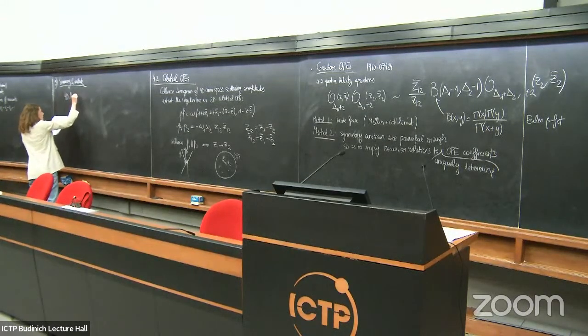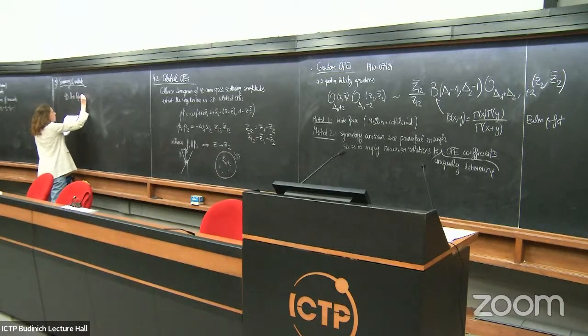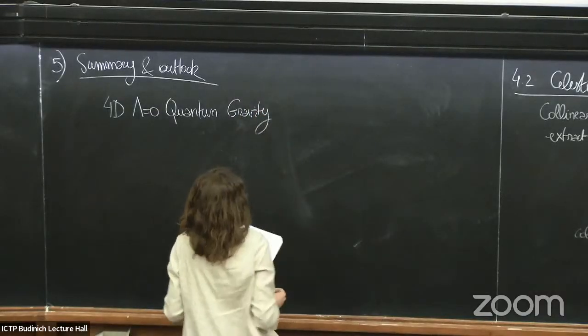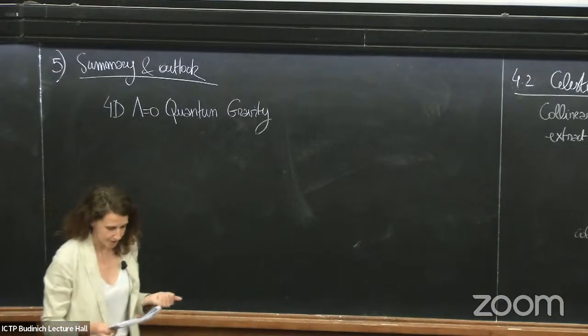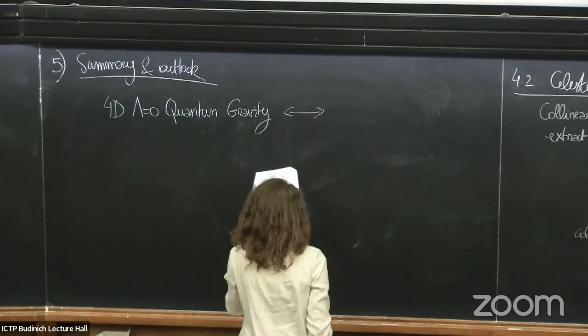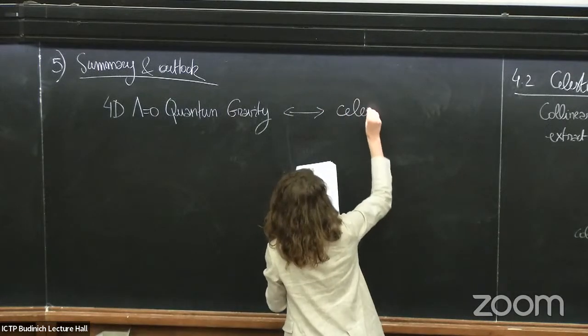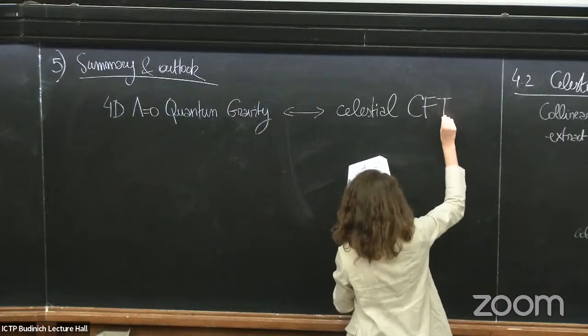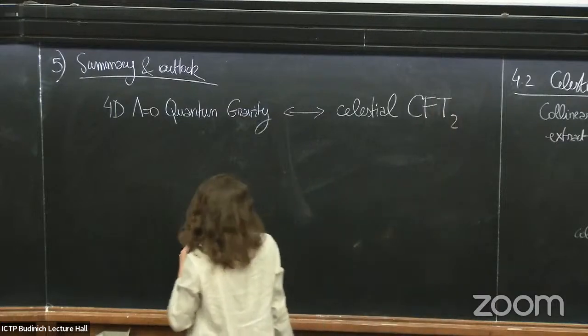So again, the main thing we are looking after, the theory of quantum gravity in flat spacetime in 4 dimensions, which I recall describes the real world to some extent, could be described as a celestial 2D CFT living on the celestial sphere.